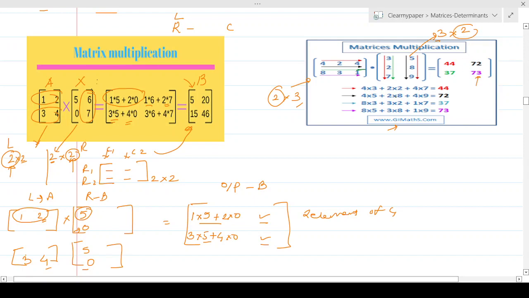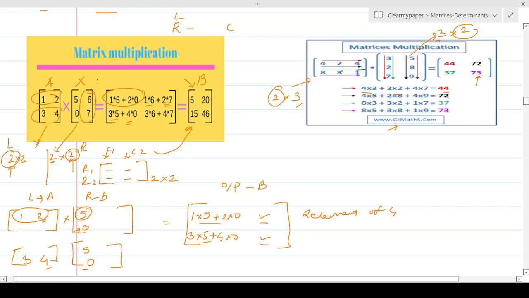To find those 4 elements, the same logic applies. We're going to take one row. If you see the color coding, you take the first row, which is in red, 4 to 4, and you take the first column, which is in red again, 3 to 7, and you multiply it this way. You multiply the individual numbers, add them in between, and you get the answer.